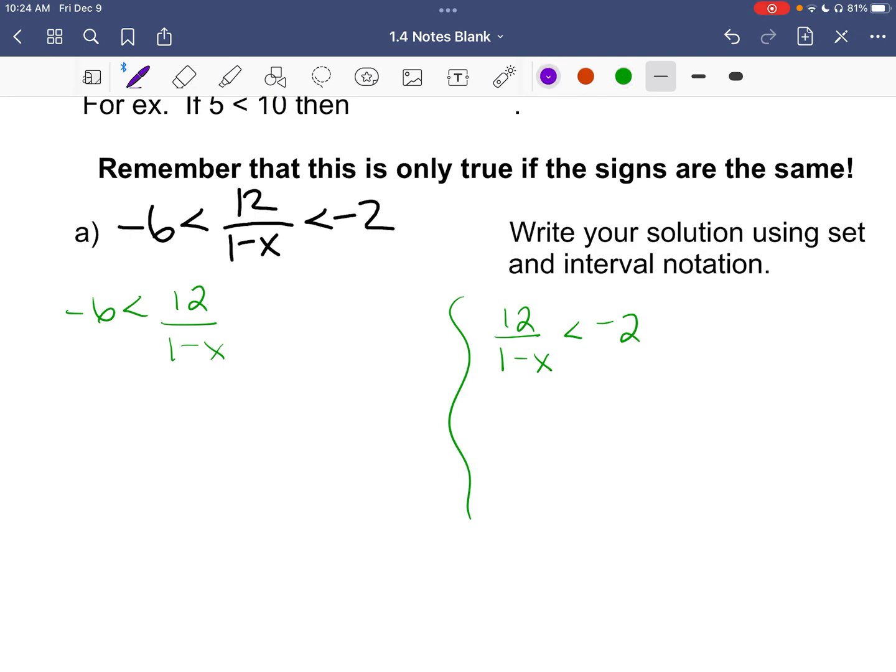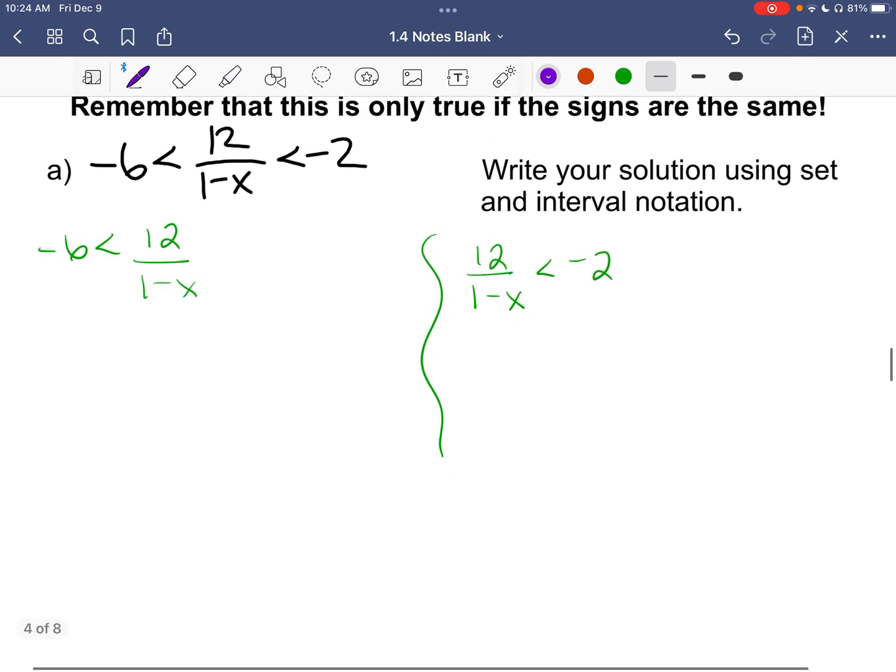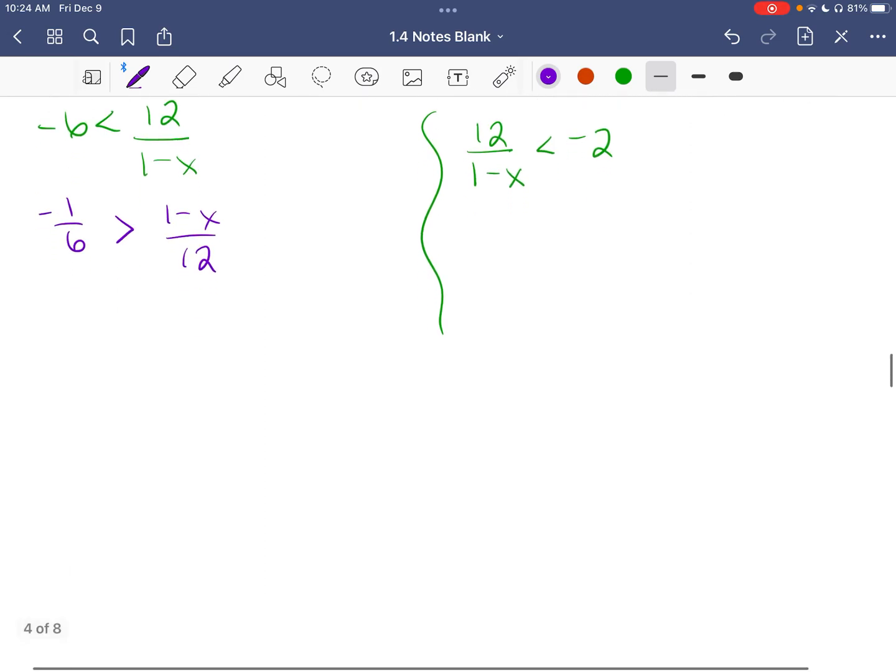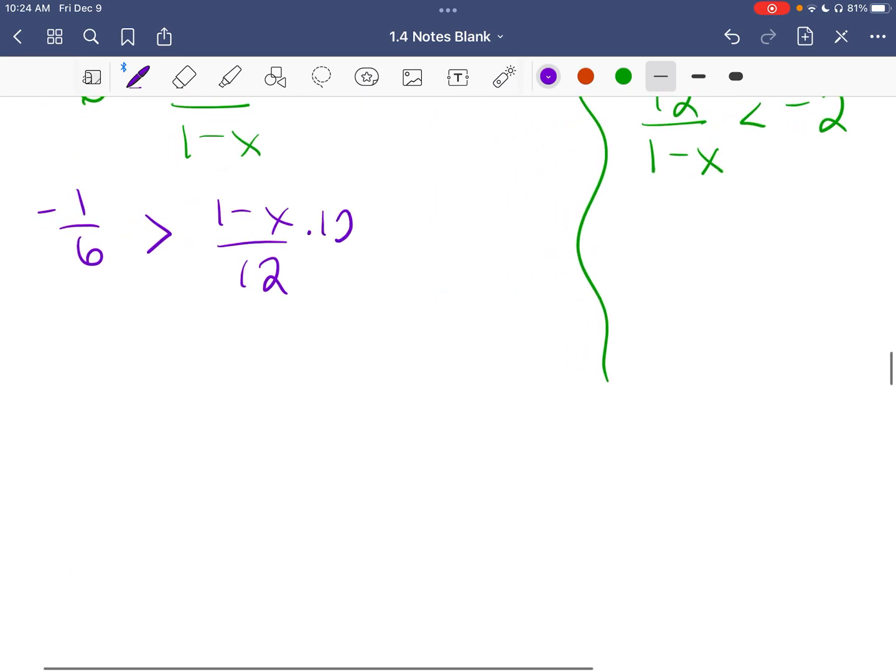So our reciprocal property is basically if we take the reciprocal of both sides, so -1/6 and 1 minus x over 12, it's going to be true if we flip the inequality. So now we can solve that. We can multiply both sides by 12. We can say -2 is greater than 1 minus x.